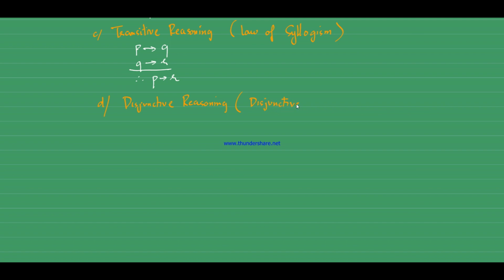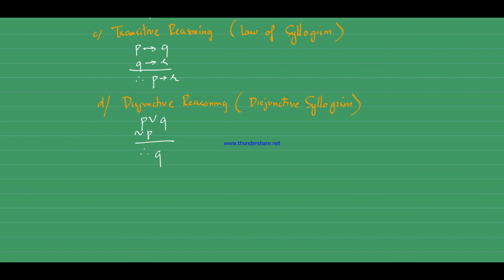Okay, and it goes like this. If you have this disjunctive, right? So you have P or Q, and you have negation of P. Then at the end, therefore, we have Q.